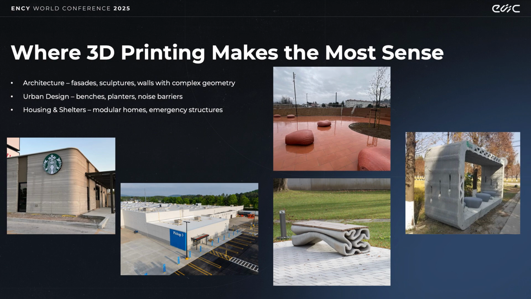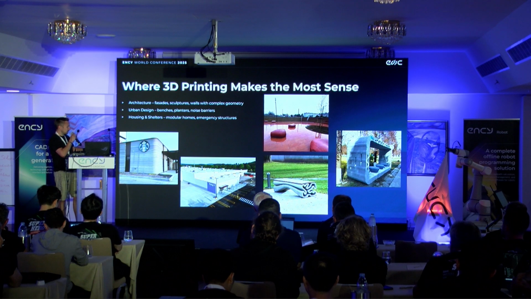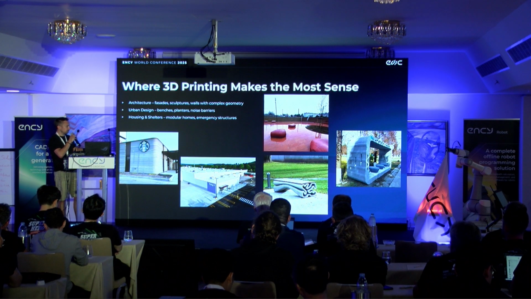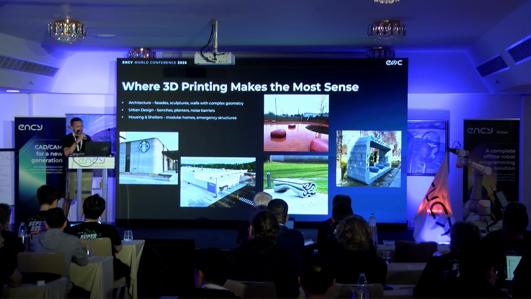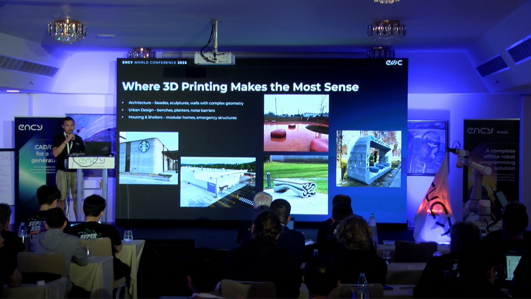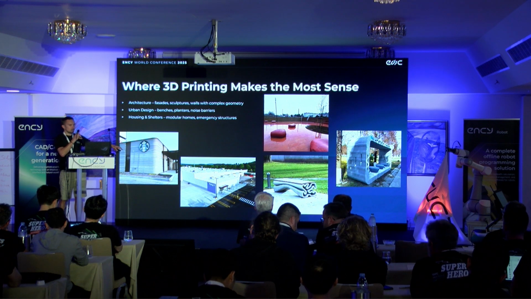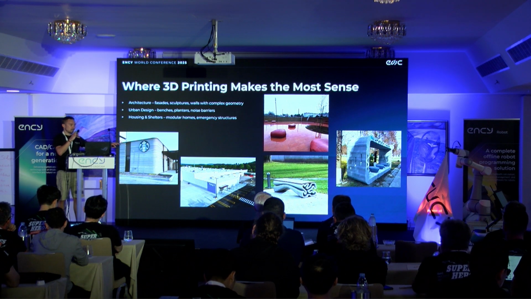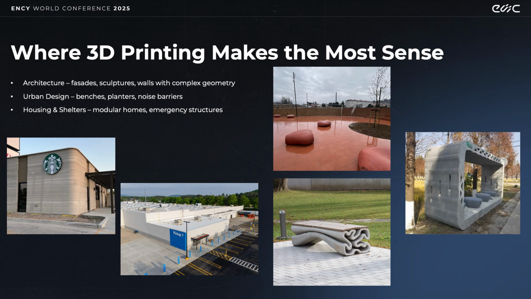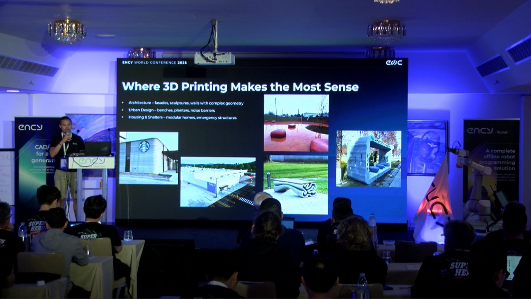It was printed, and as I remember it was printed with a robot. Also a Walmart store was printed in the US, but I think they did not use a robot, maybe they used a portal machine. I don't remember which project was done with a robot.